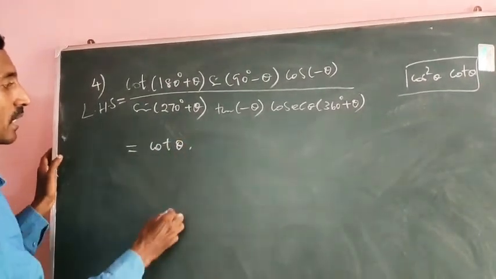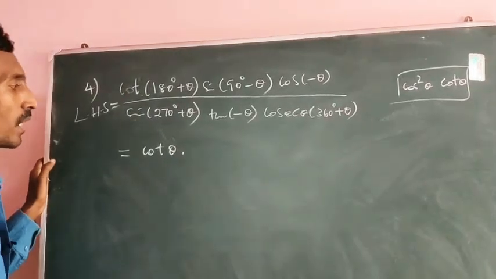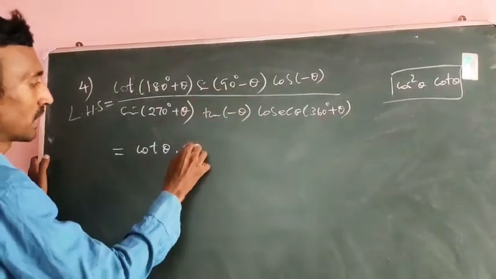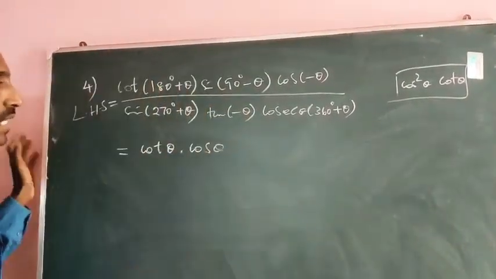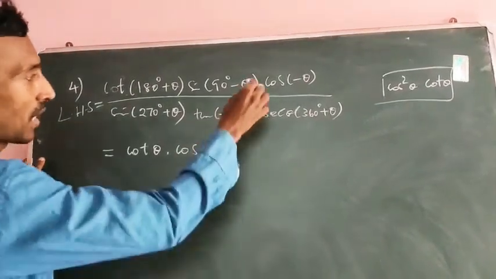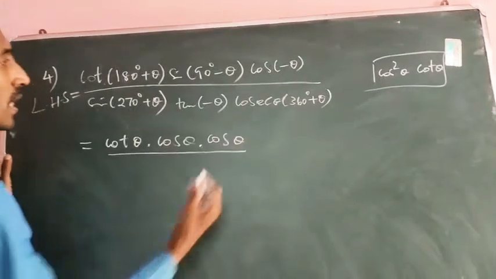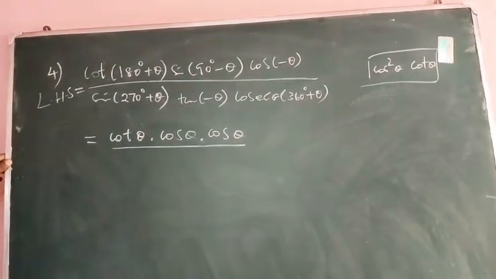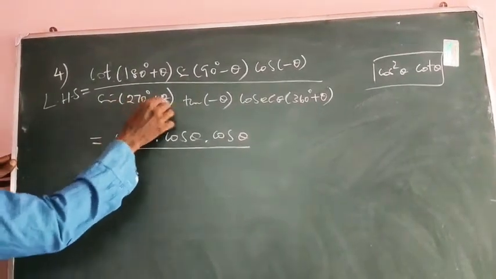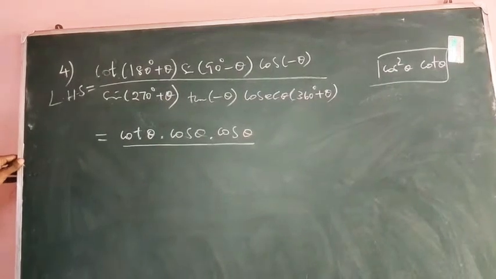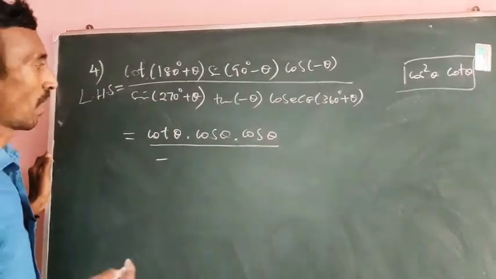Sin of 90 minus theta is obviously cos theta, and cos of minus theta is again cos theta. No change in the numerator. Once again, sin of 270 plus theta: fourth quadrant, sin negative, so minus.